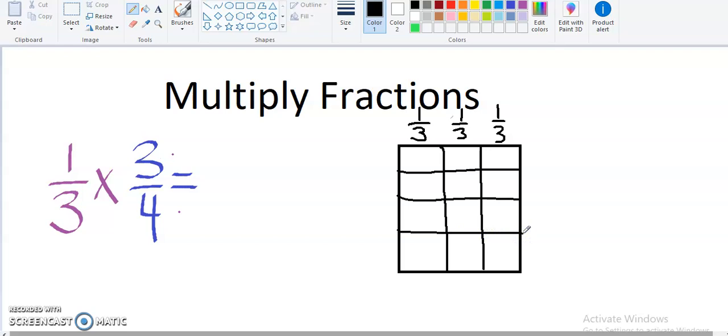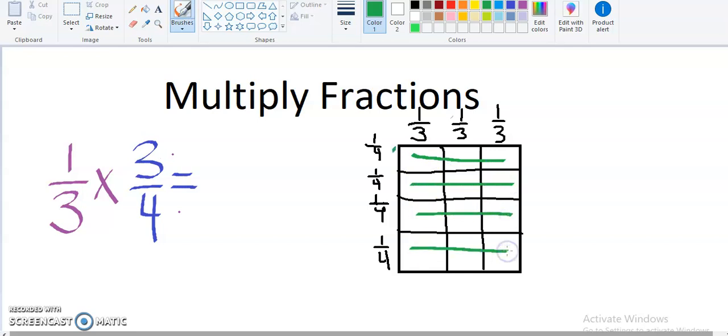And now we have the length here, which is 1/4, 1/4, 1/4, 1/4. So each one of these rows is 1/4 of this length here.